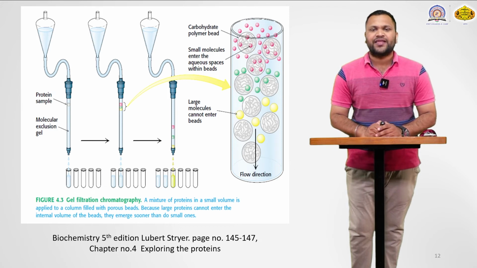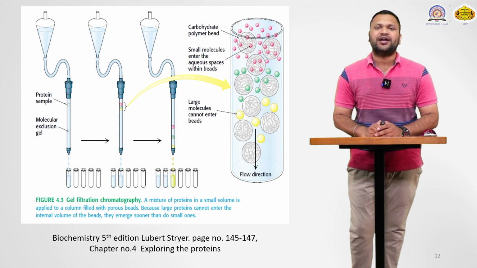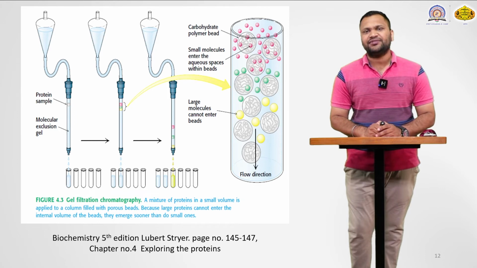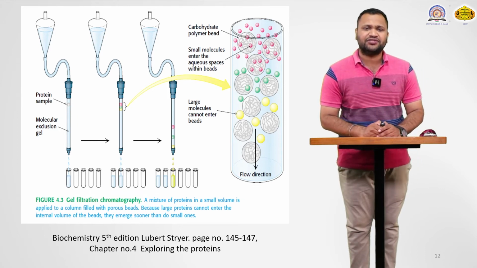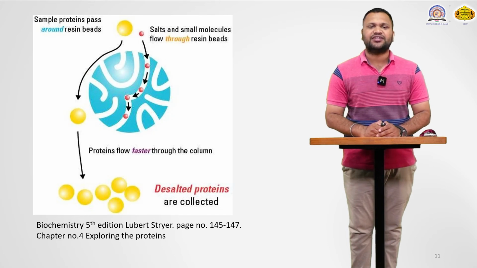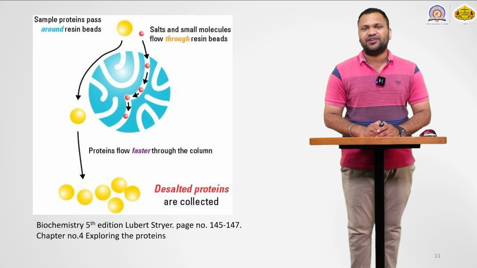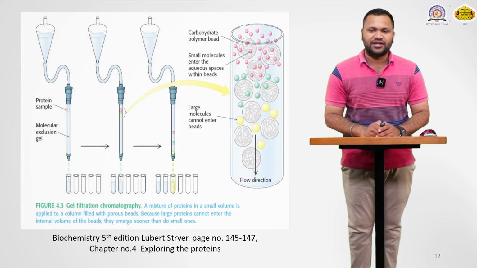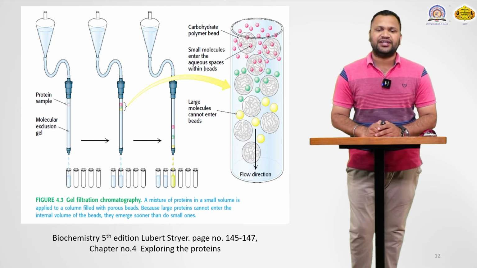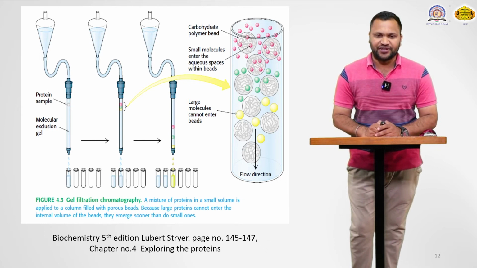The beads are carbohydrate polymer beads, and the small molecules will enter the aqueous spaces within the beads, but the larger molecules cannot enter, as they are too big to enter the molecular beads. So this is the gel filtration chromatography figure.